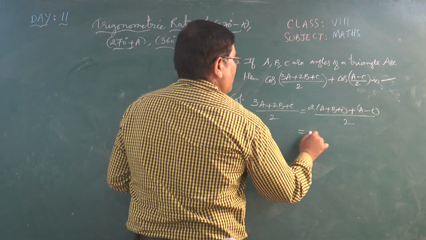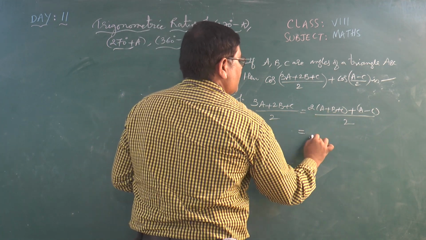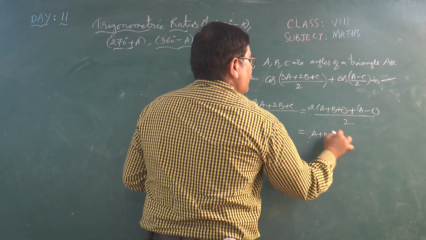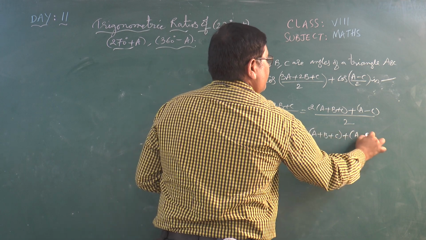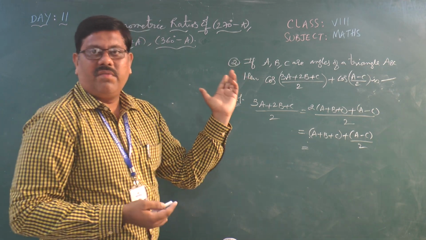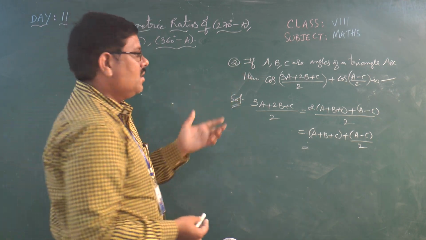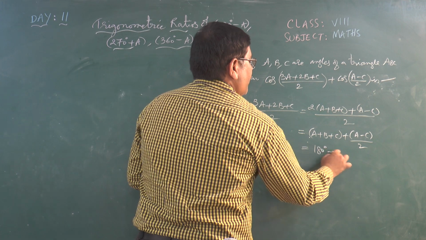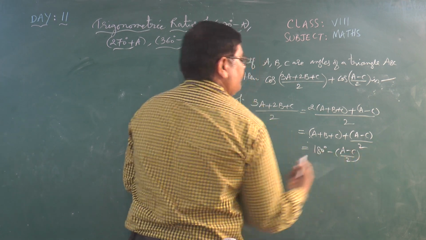The 2 cancels, so we can write it as A plus B plus C plus (A minus C) by 2. What is A plus B plus C? Because A, B, C are angles of a triangle, obviously A plus B plus C is equal to 180 degrees. So this is 180 degrees plus (A minus C) by 2.